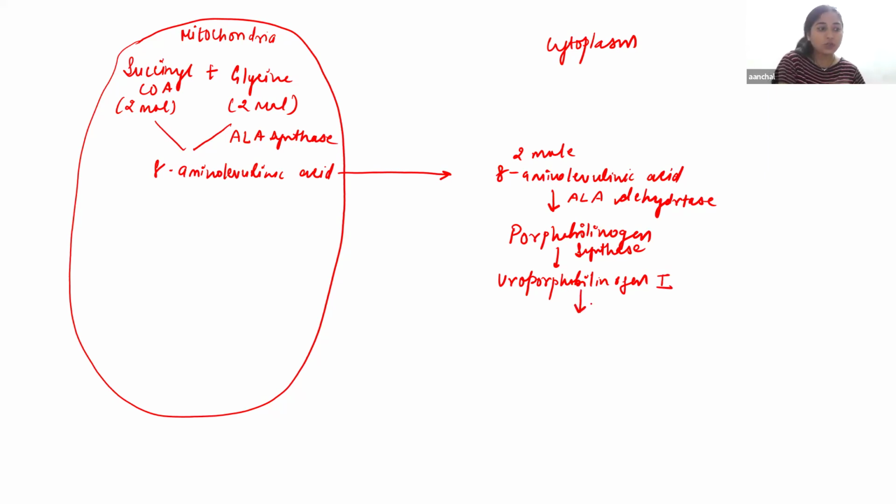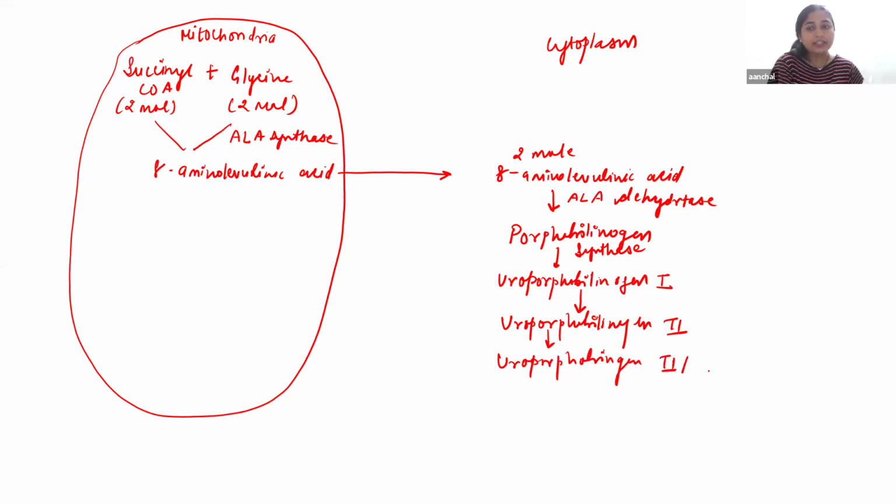Now this uroporphyrinogen 1 is converted into uroporphyrinogen 2. And this uroporphyrinogen 2 gets converted into uroporphyrinogen 3, right?